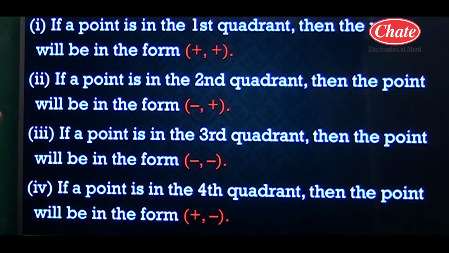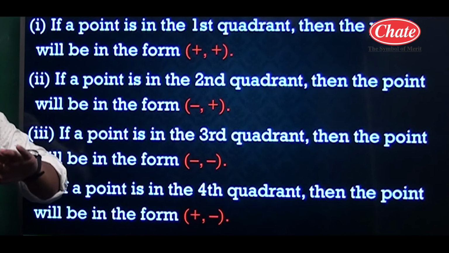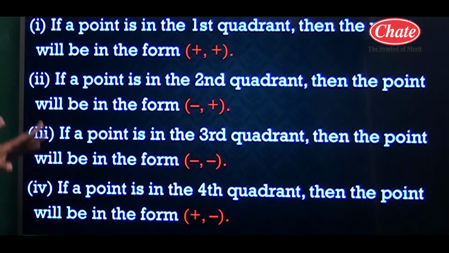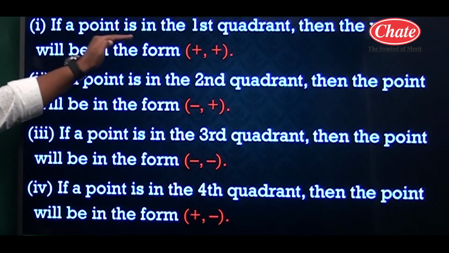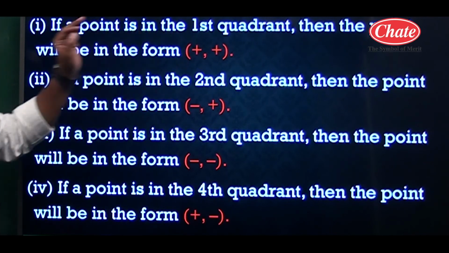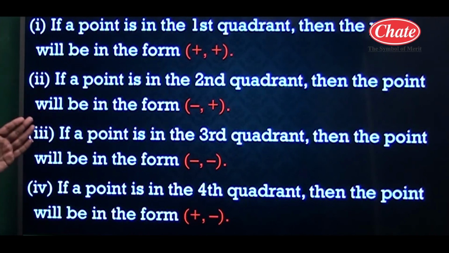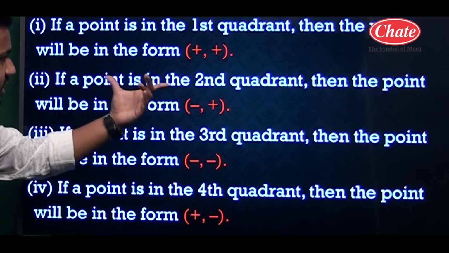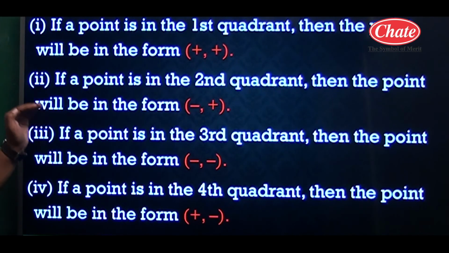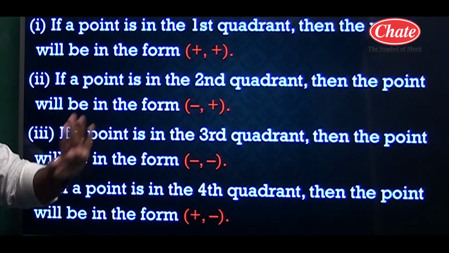Because of these two lines, the whole plane is divided into four parts. If a point is in the first quadrant, then the point will be in the form of positive, positive, because the quadrant is enclosed by the positive direction of the x-axis and the positive direction of the y-axis. If a point is in the second quadrant, it will be of the form negative, positive.